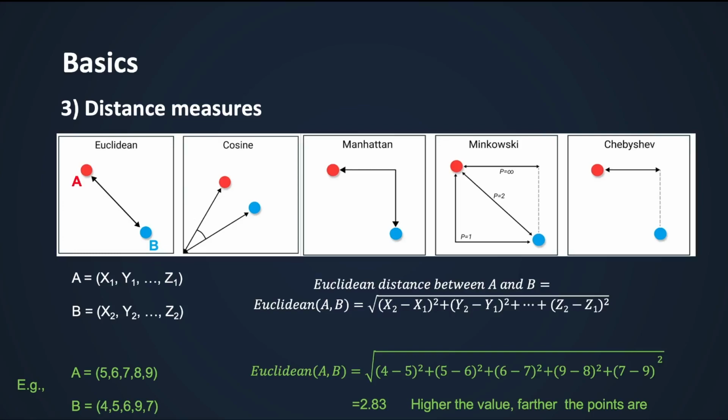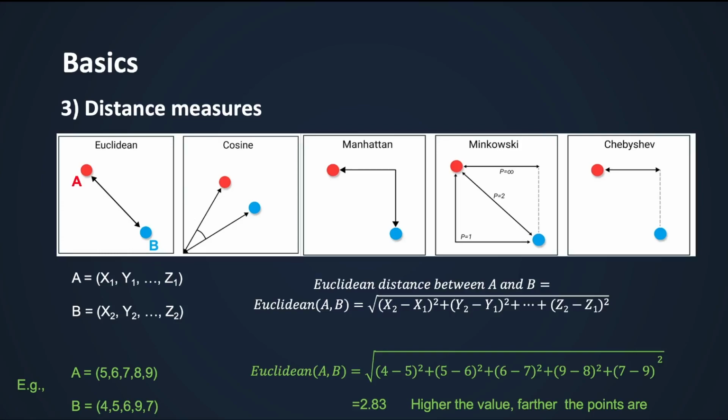The measures that are widely used for measuring the distances between two objects are Euclidean distance, cosine distance, Manhattan distance, Minkowski distance, and Chebyshev distance. Generally, Euclidean and cosine distances are widely employed to measure the distance between the objects.